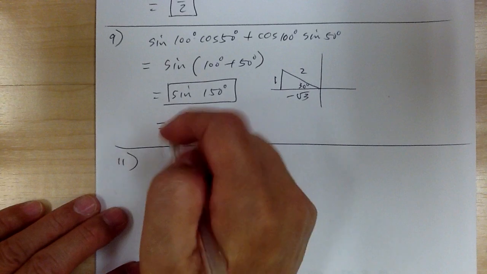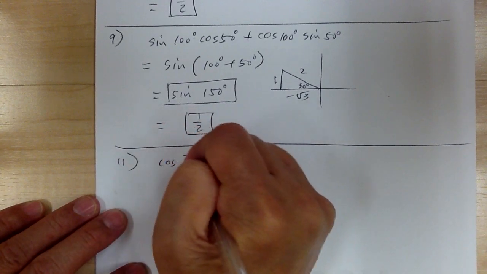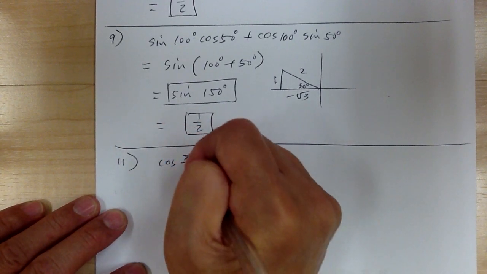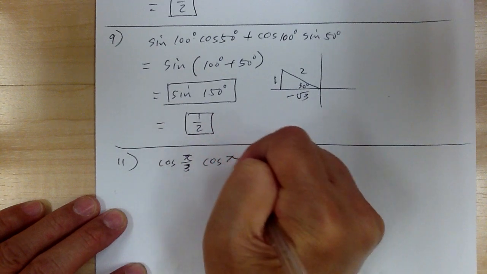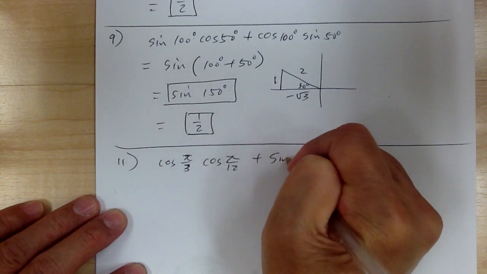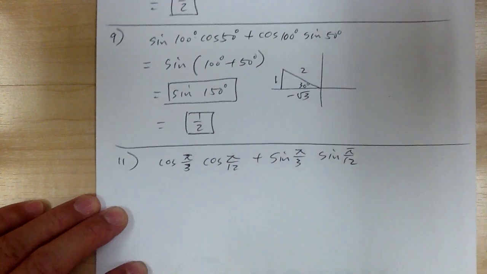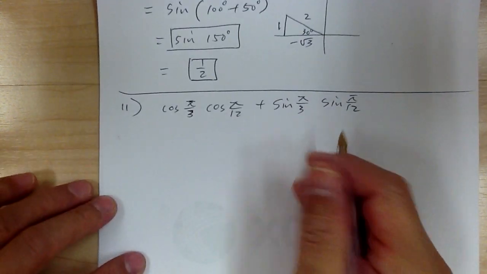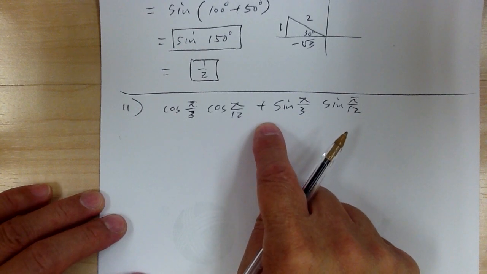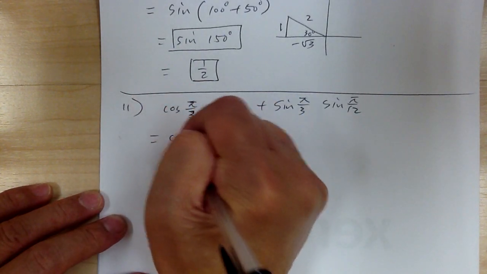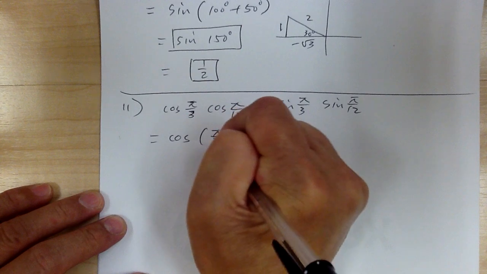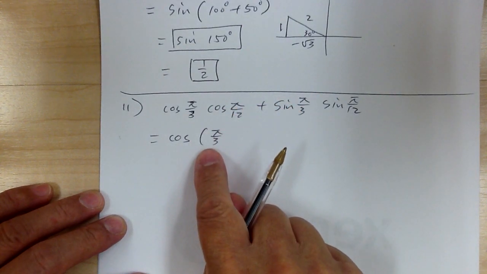Yeah, let's go to 11. Yeah, cosine of pi over 3, cosine of pi over 12 plus sine of pi over 3, sine of pi over 12. Okay, so this came from the cosine difference identity. So this is equal to cosine of pi over 3. Now watch where the parentheses is supposed to go.